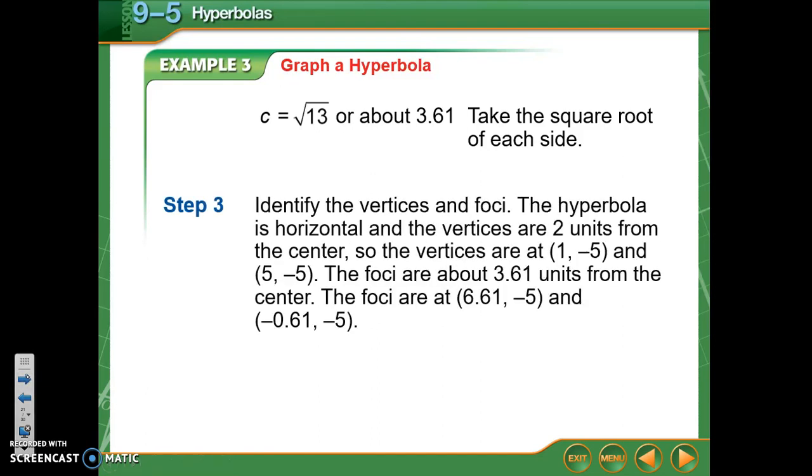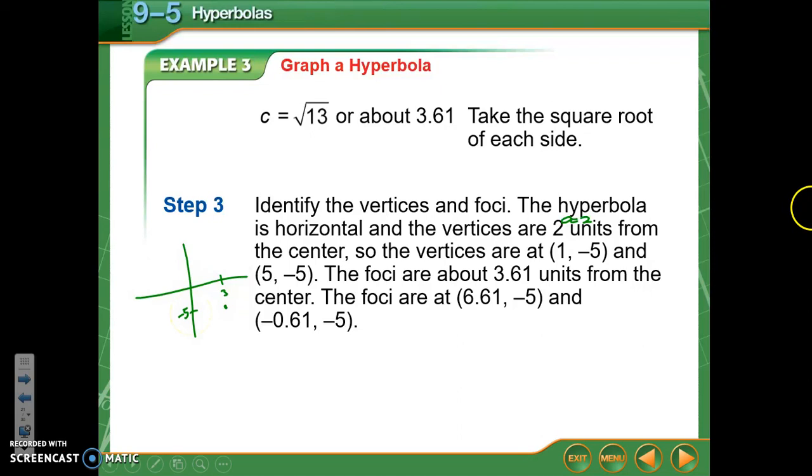All right, so step 3, I need to find my vertices and my foci. I know my hyperbola is horizontal because my positive term is the x squared term. The vertices are 2 units from the center because a equals 2. My center is at 3, negative 5, right? So here we are at 3, and this is negative 5.